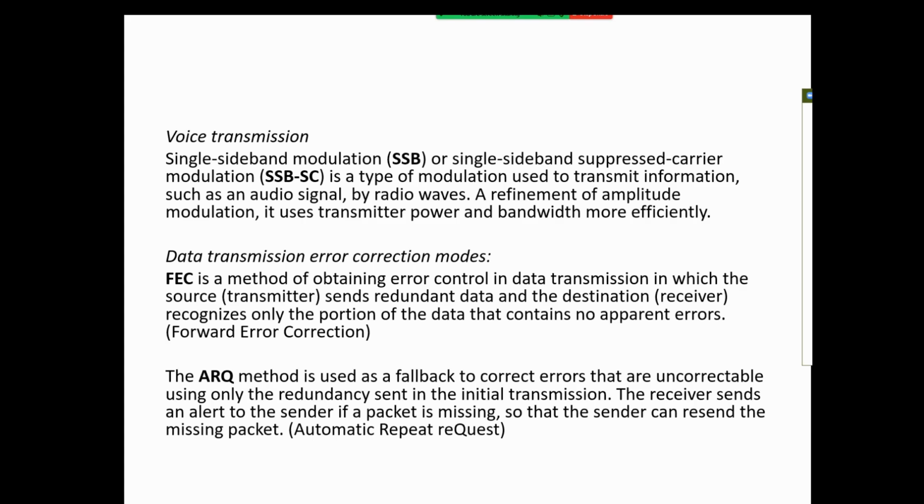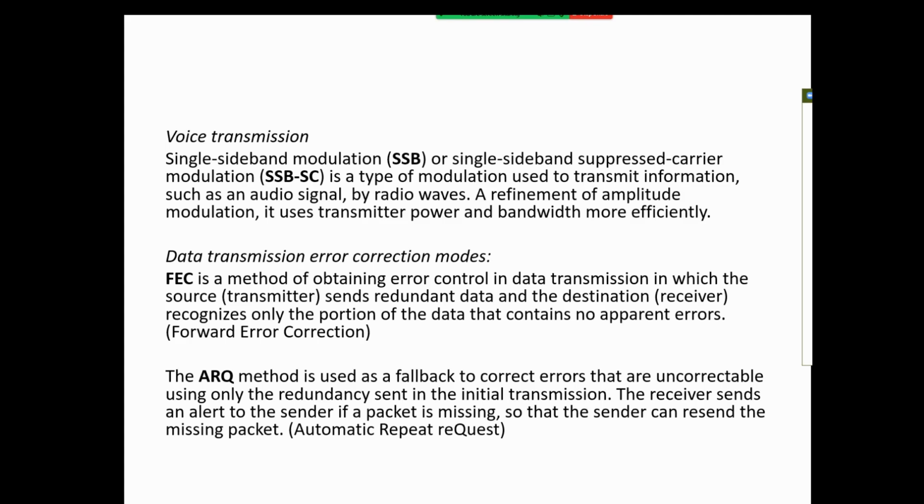So that's called forward error correction. ARQ is a method that's used as a fallback to correct errors that are uncorrectable using only the redundancy sent in the initial transmission, like FEC uses.